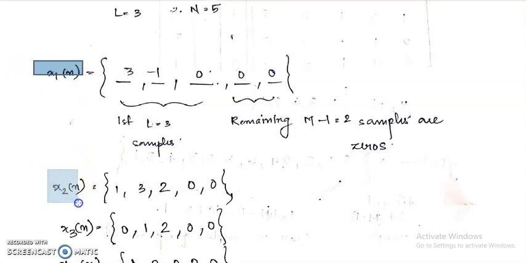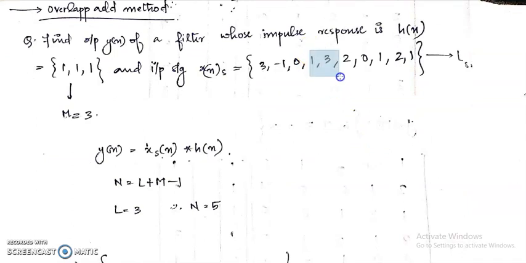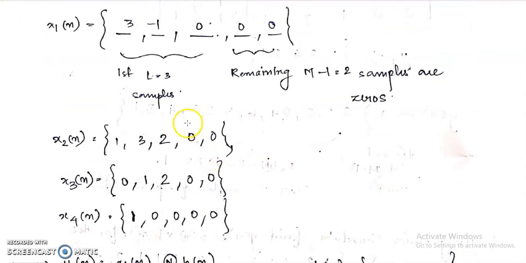For the second modified block, we take the second block, that is 1, 3, 2. You can check that in the input. We take the second block, then the remaining 2 positions, that is M minus 1 positions, are filled with zeros.